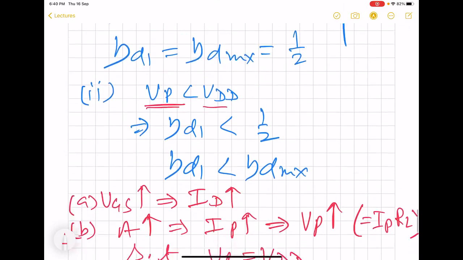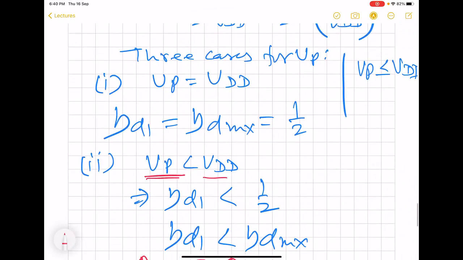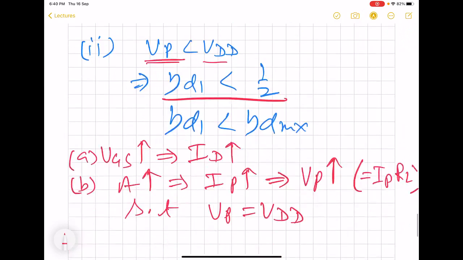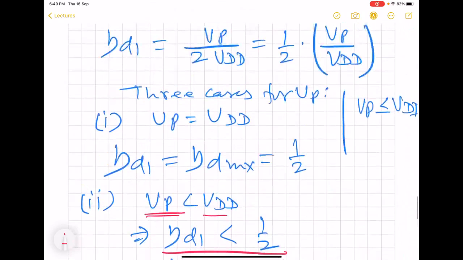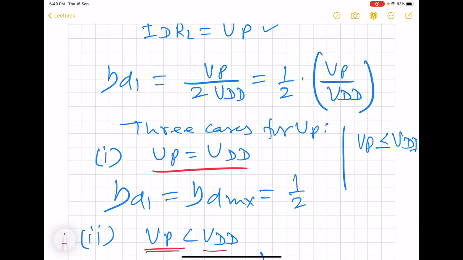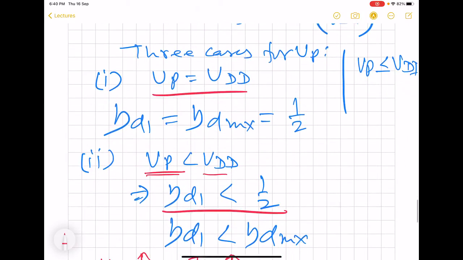So once VP becomes VDD, what we got here, eta d1 less than 1 by 2, will become 1 by 2. So eta d1 will now also become 1 by 2. That means eta d max value possible. Right. So this is about the two cases when VP is either equal to VDD or VP is less than VDD.